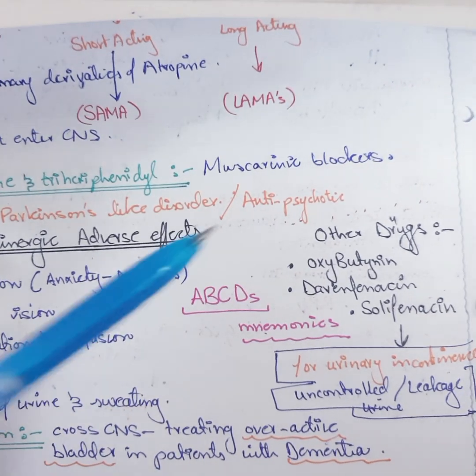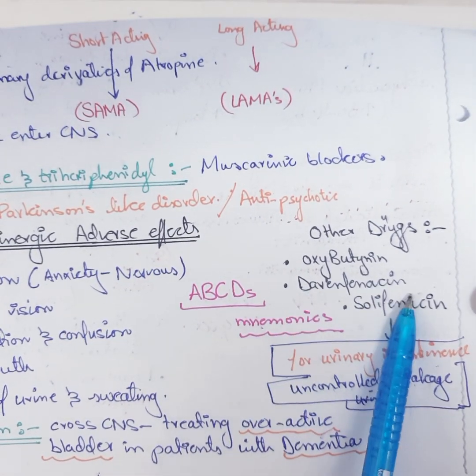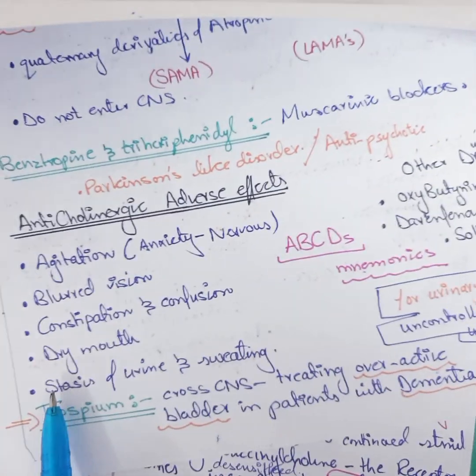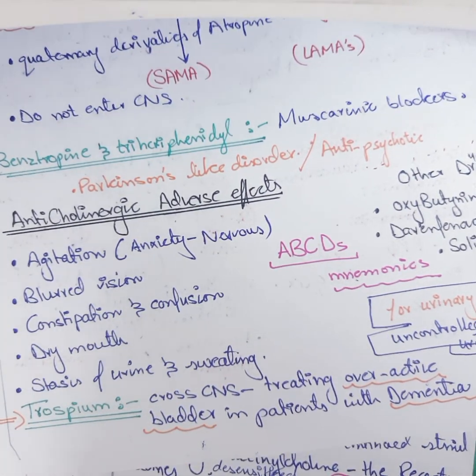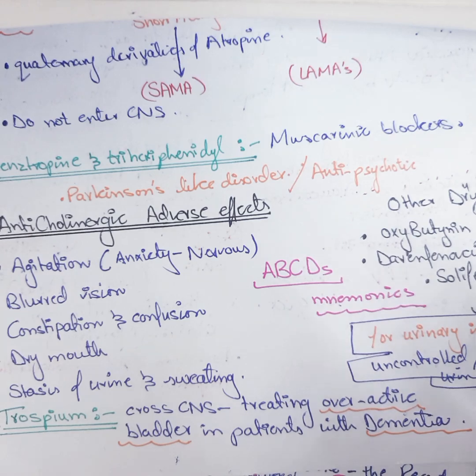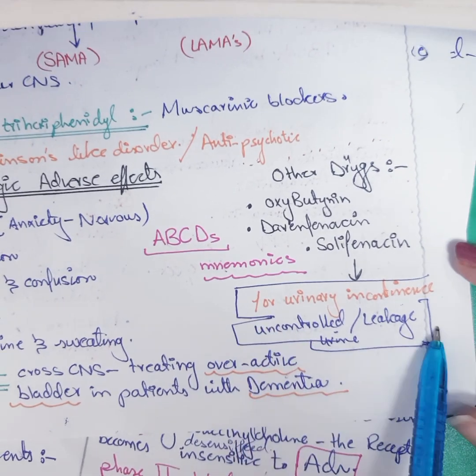The other drugs are also oxybutynin, darifenacin, solifenacin, and trospium. They mostly act on the urinary bladder, and all of them are mostly similar, so we won't study them individually. This is for the treatment of urinary incontinence.